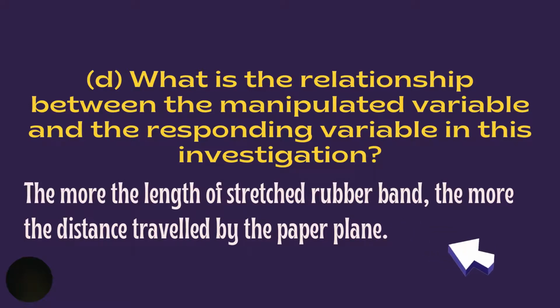What is the relationship between the manipulated variable and the responding variable in this investigation? The answer is the more the length of the stretched rubber band, the more the distance traveled by the paper plane.